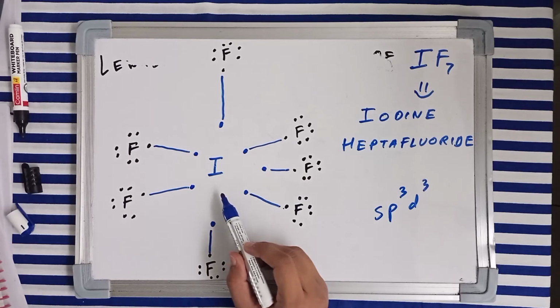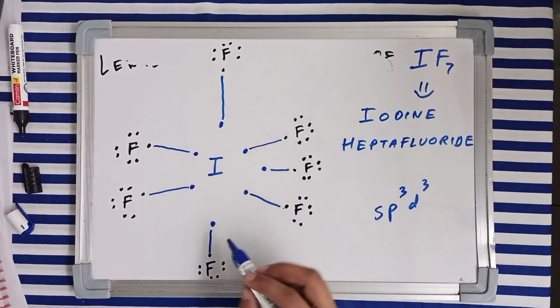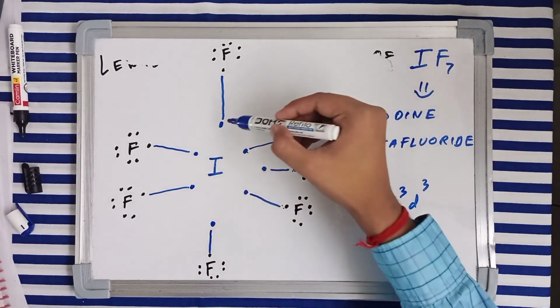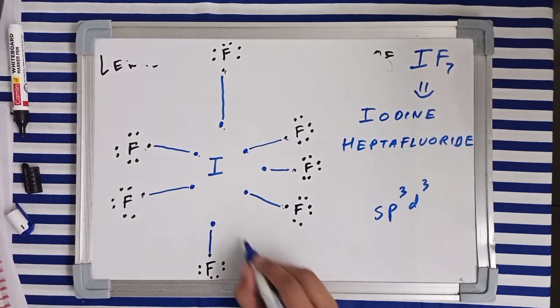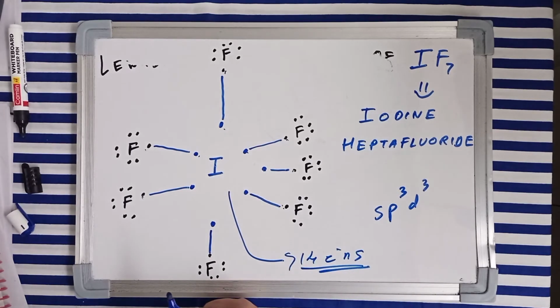Iodine has surpassed its value of octet completion, right? If you notice, after bond formation, how many electrons does iodine now share with its surrounding atoms? 1, 2, 3, 4, 5, 6, 7, 8, 9, 10, 11, 12, 13, 14. So iodine has got 14 electrons, way more than 8 electrons, which is the rule given by Lewis.